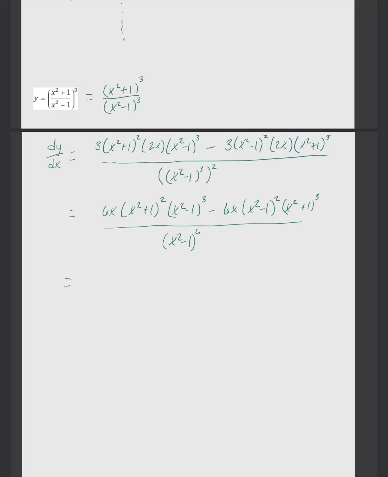Now on this top, on this side and this side, we have a lot of terms that are similar, so we can take them out front. We can factor them out. So we'll factor out a 6x.